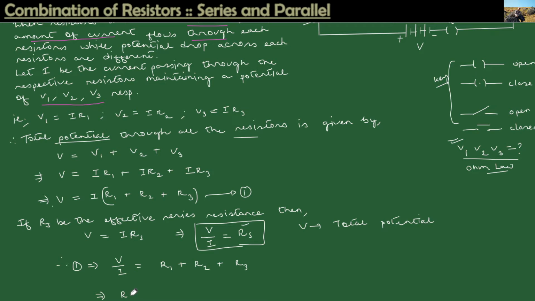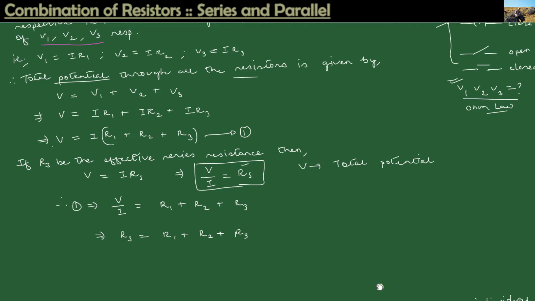So over here we will write Rs, that means resistance in series. When all the resistors are connected in series, the effective resistance will be the algebraic sum of all the three resistors.